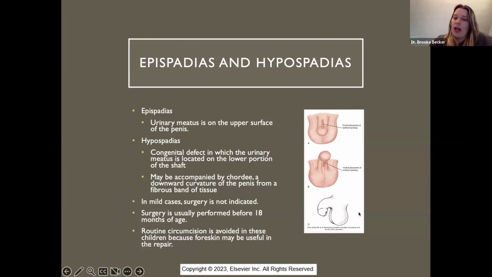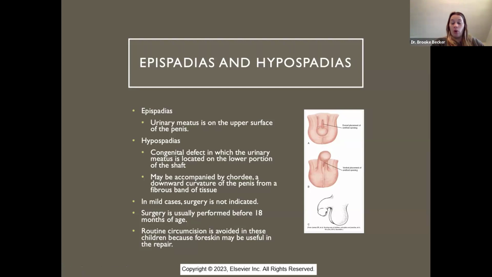They might also have chordee, which is a curvature of the penis because of fibrous tissue. So you might not only have an abnormal urinary meatal opening, but also that curvature to the penis as well. If it's a minor case, say the opening is still on the head of the penis but not centered, they may not need surgery. But if they have epispadias or hypospadias and it's significant, then they'll need surgery.